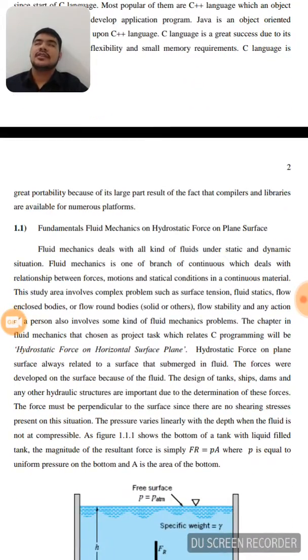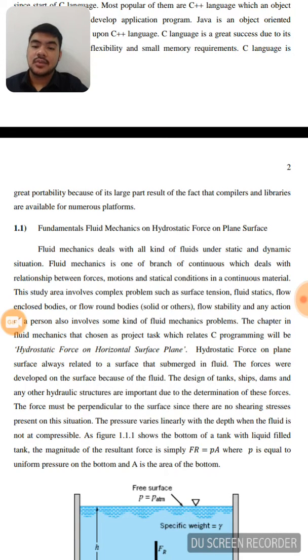So to relate to our project task, we need to discuss the fundamentals of fluid mechanics on hydrostatic force on a plane surface. Fluid mechanics usually deals with all kinds of fluids under static and dynamic situations.